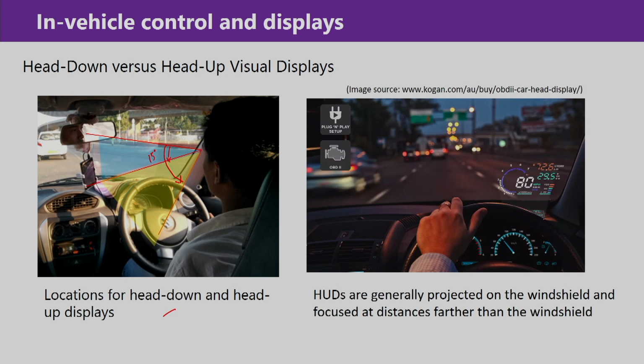From 15 degrees downwards up to 30 degrees downward, this angle is used for head down display. So, all the displays located on the dashboard, then the central instrument panel, come under the head down display.